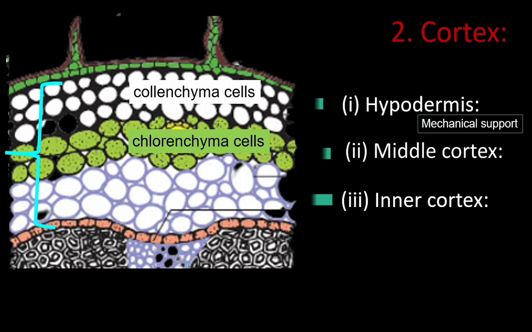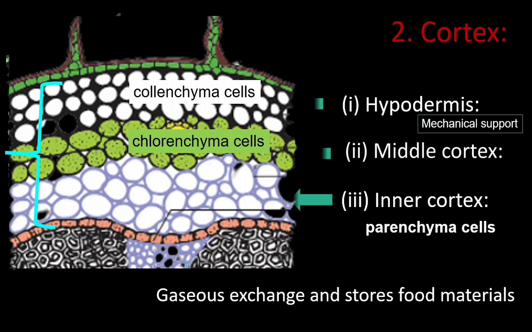That is, taking in oxygen and sending out carbon dioxide. The inner cortex is made up of parenchyma cells. These cells are involved in gaseous exchange and storage of food materials.